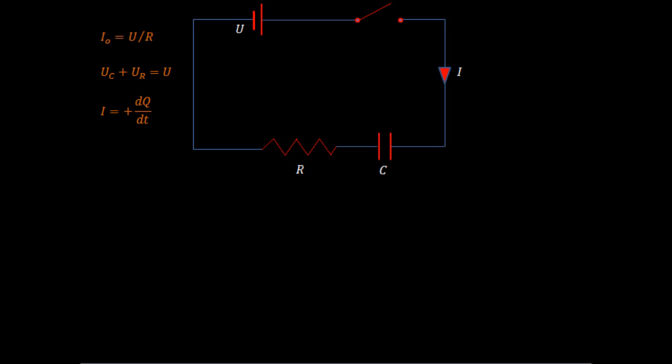And we assume at that point, of course, that there's no charge on the capacitor and no potential difference across it. The potential difference across the resistor is U, whatever that happens to be at that moment. So the initial maximum current through the circuit is going to be this one right here. And we'll be coming back to that soon.